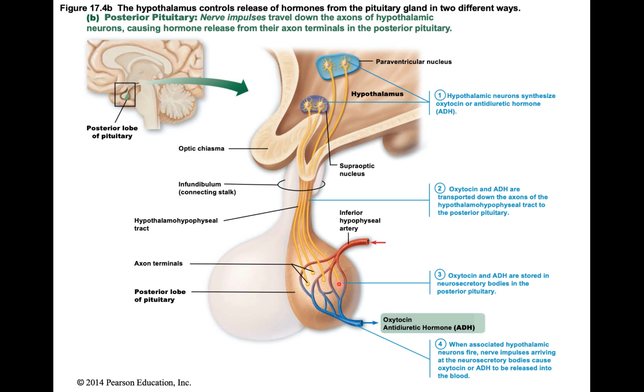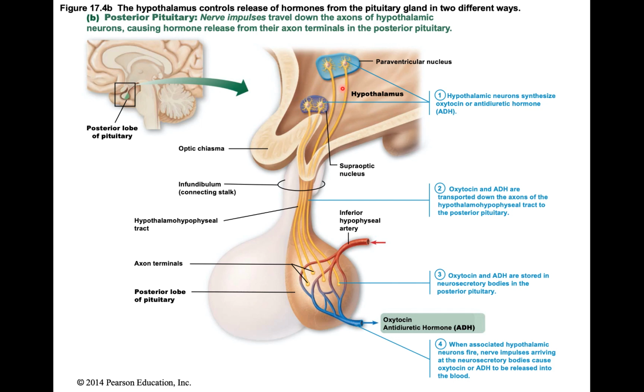Only when they're required to be released do they get released out of the axon terminals, go into the capillary bed, and out to the body. So once again, the hypothalamus makes ADH and oxytocin, ships them down to just be stored in the posterior pituitary until signaled to be released to the capillary bed and out to the rest of your body.